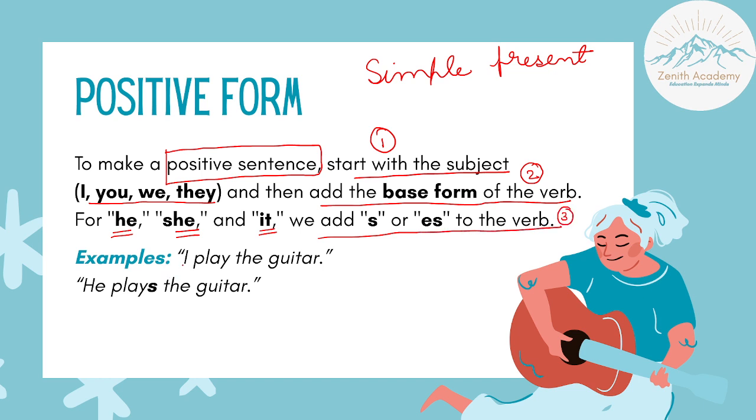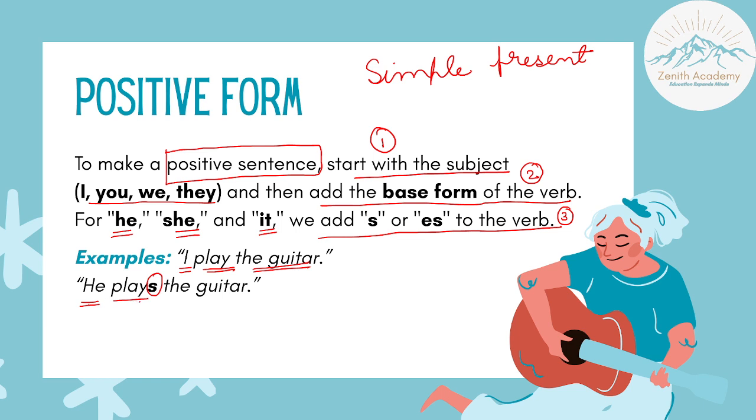So let's begin. Our first sentence, I. When you are using I, that is the subject. So you have added the subject. Then add the base form of the verb, I play. Then the object, I play the guitar. Now when you're taking the subject as he, along with the base form of the verb, you will have to add an s.